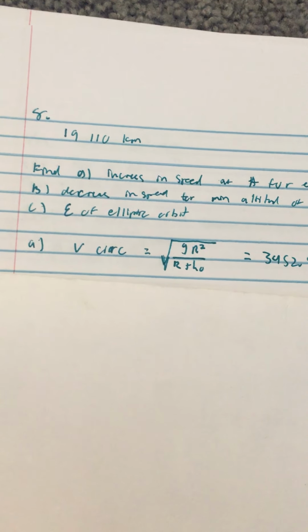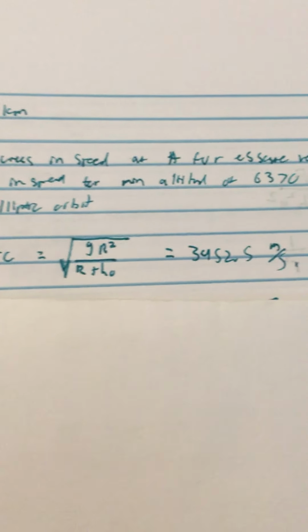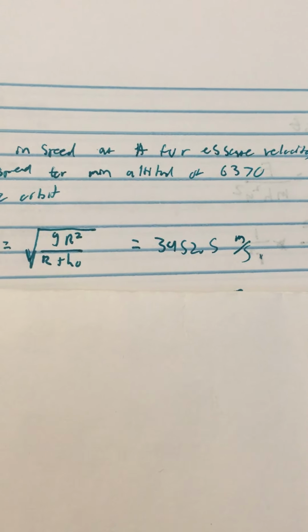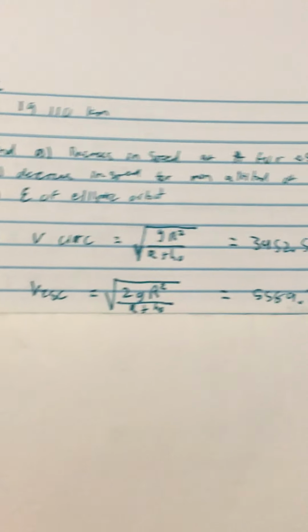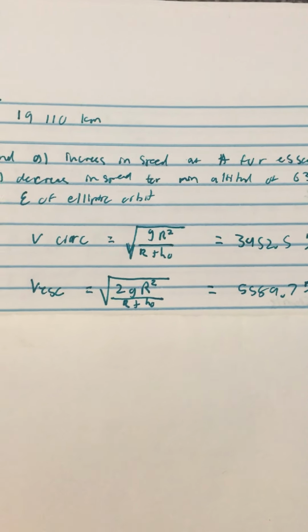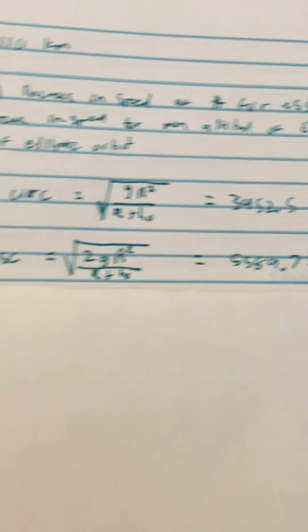So we know the velocity of the circle has to equal that equation right there. Solve it, and this is our velocity that we get, 3452.5 meters per second. We know that the escape velocity is looking like that right there.